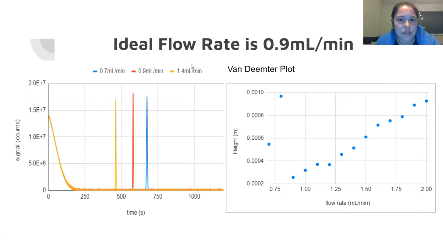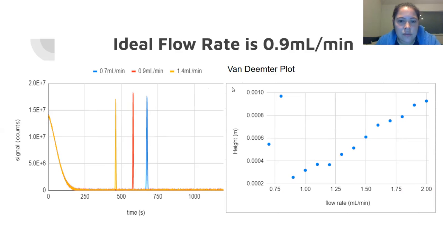Next, we determined the ideal flow rate, for which we again used the BPA standard, ran it through the column, and obtained these chromatograms. This is using 3 different flow rates, and we found that as the flow rate increased, the BPA stayed in the column longer. That is, the retention time increased, and the peak became more narrow.